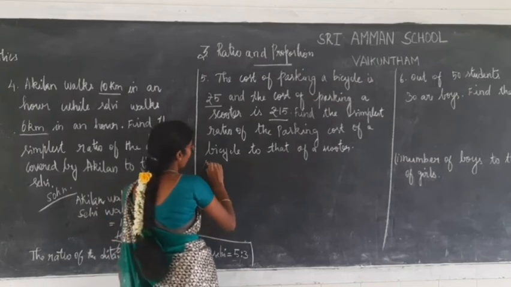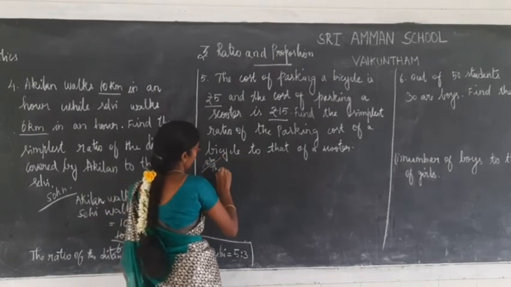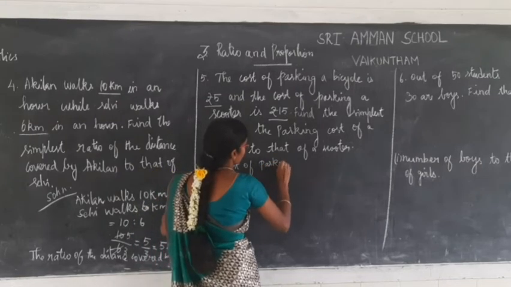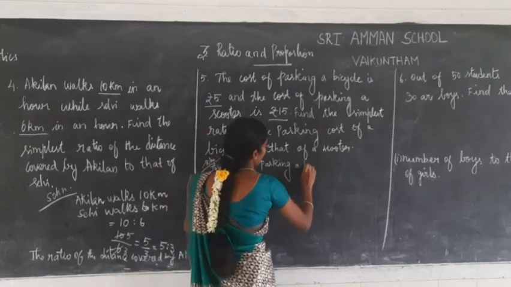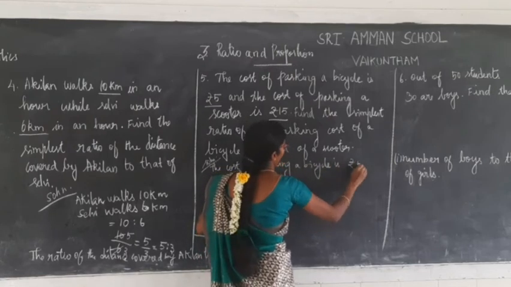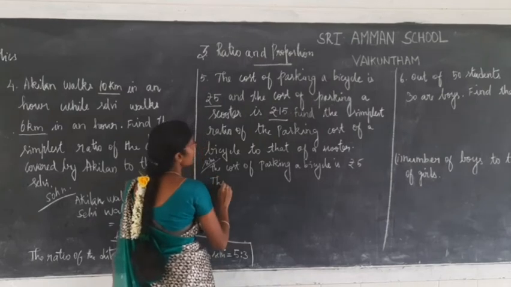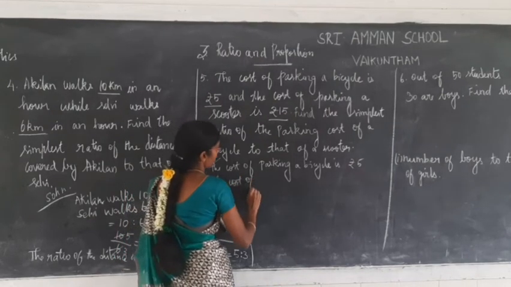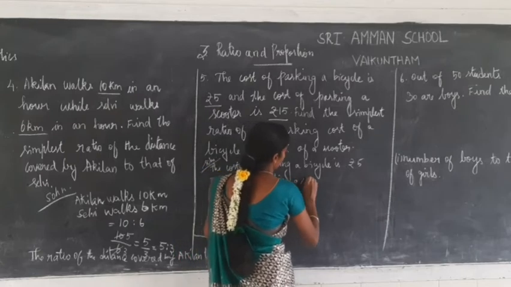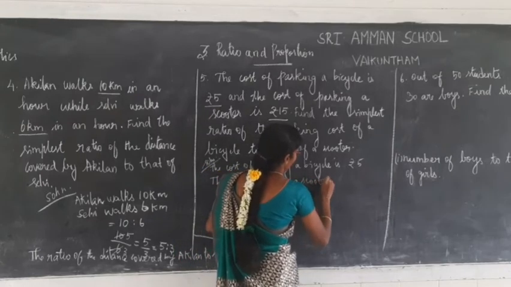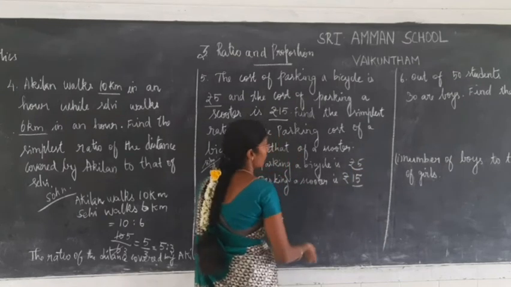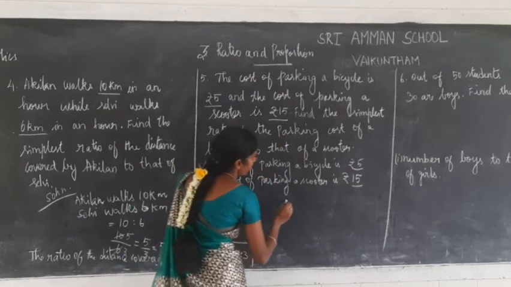The cost of parking a bicycle is ₹5, and the cost of parking a scooter is ₹15. 5:15.